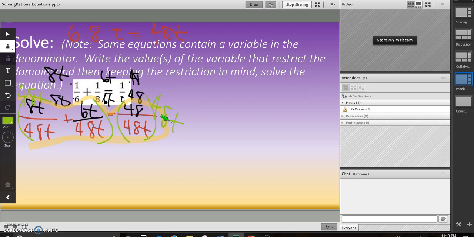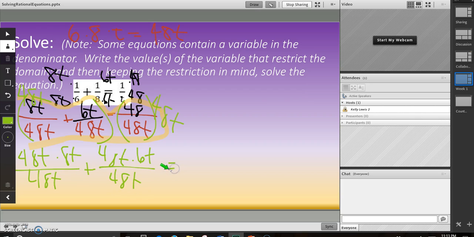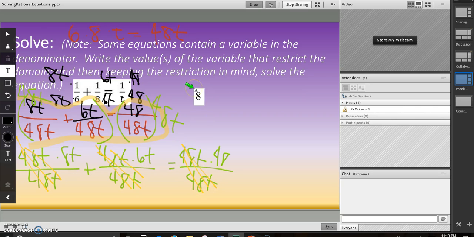When we do that, 48t times 8t over 48t, plus 48t times 6t over 48t, then 48t times 48 over 48t. These guys cancel, these guys cancel, these guys cancel. And so all we have left is 8t plus 6t equals 48.